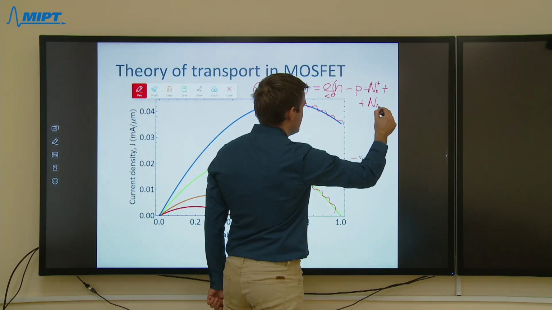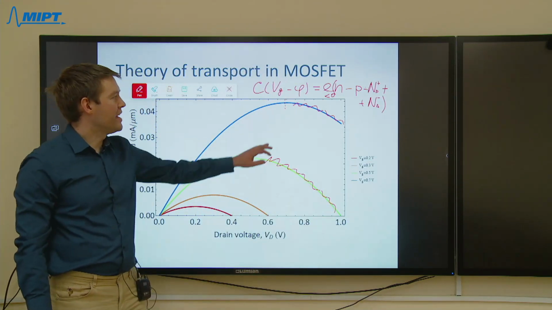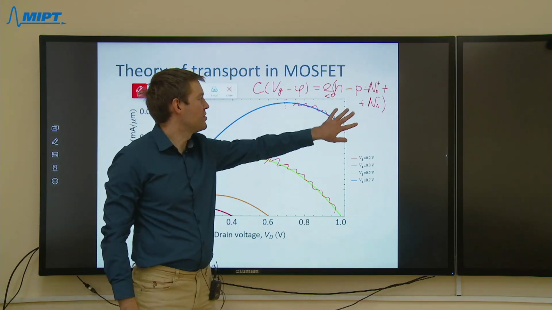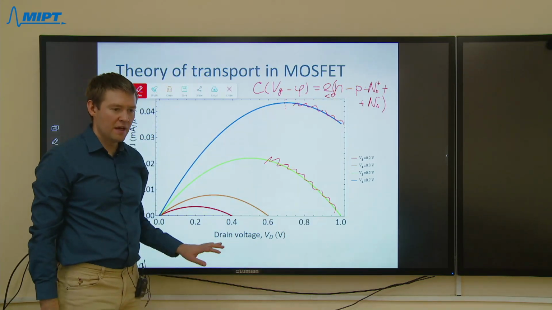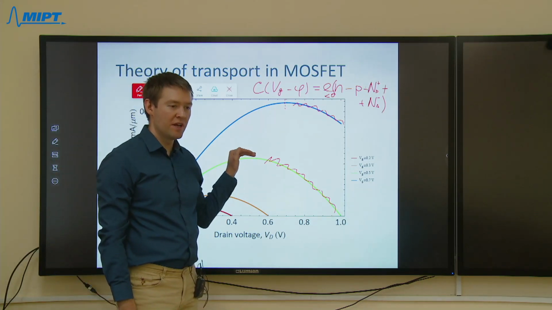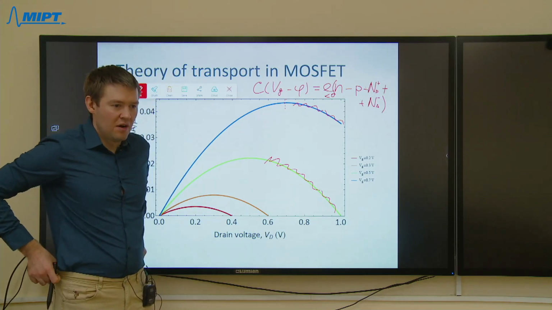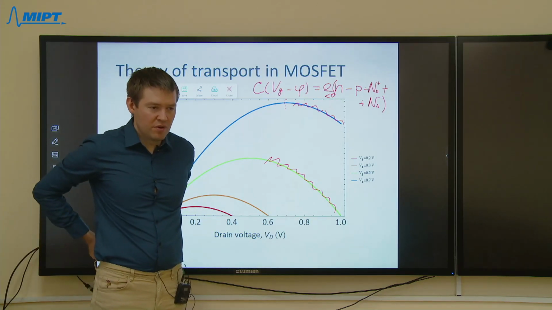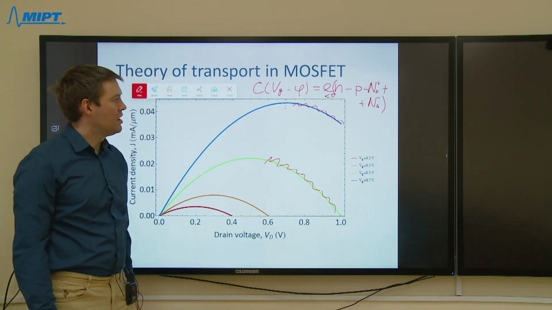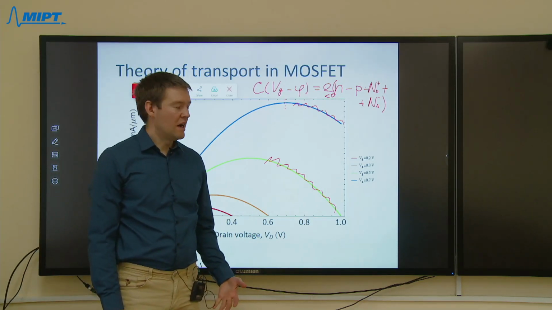So strictly speaking, we have to consider all the agents that contribute to the charge when we approach the point where the channel becomes roughly neutral, when the number of electrons is small. We have to consider also other agents that contribute to charge, and only afterwards we could get a good IV characteristic.